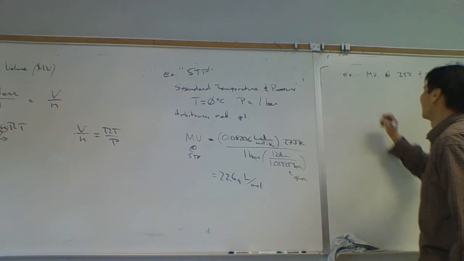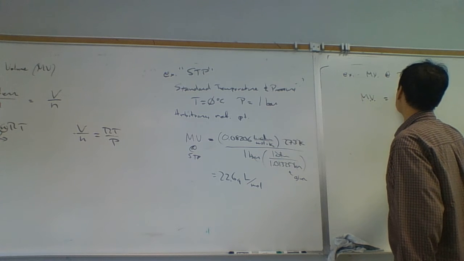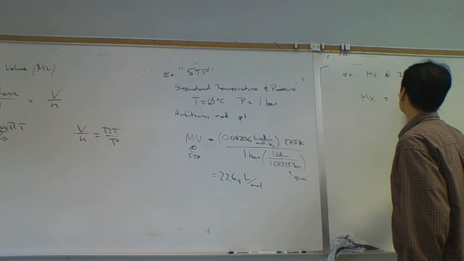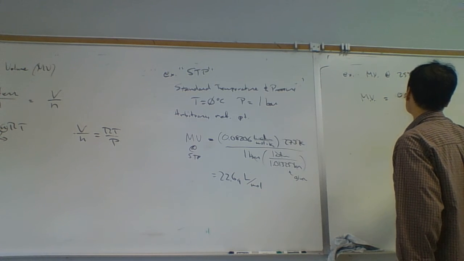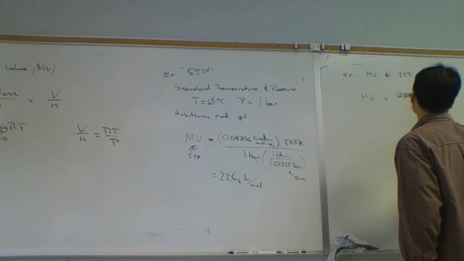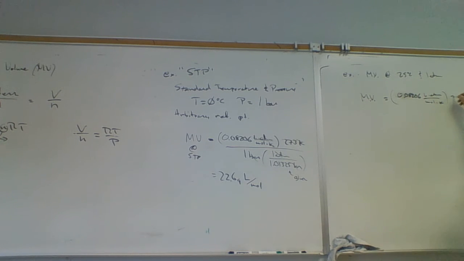And so let's calculate the molar volume. The molar volume is going to be, well, the pressure is 1 atmosphere. R is 0.08206 liters times atmosphere per mole Kelvin. Temperature is going to be 298 Kelvin. The pressure is going to be 1 atmosphere.